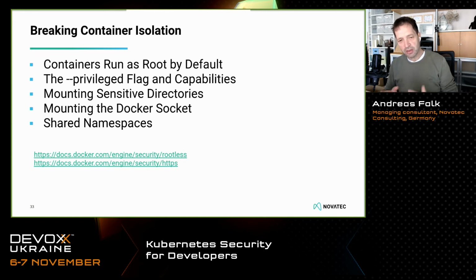Also, mounting the Docker socket could open up an attack surface, because a very prominent use case is using that approach in a CI/CD system to connect to your Jenkins slaves, for example, using the Docker socket, which is a very easy approach, but it's also the most dangerous approach.